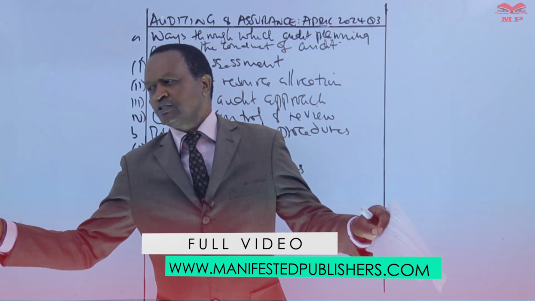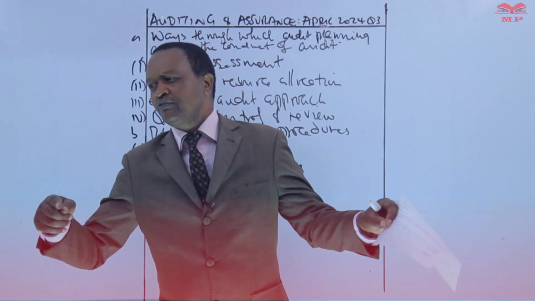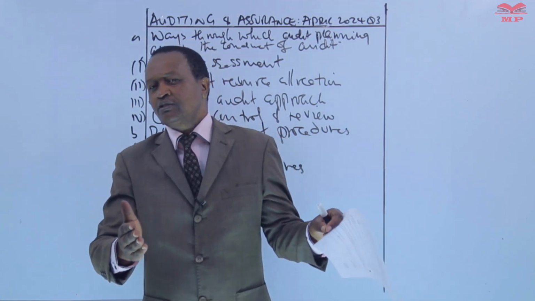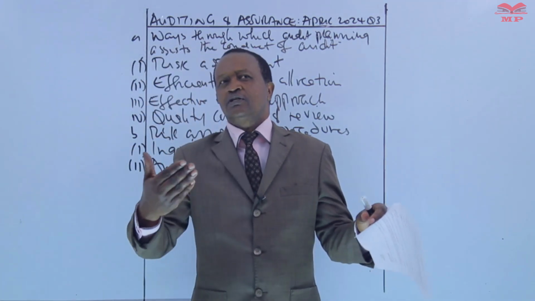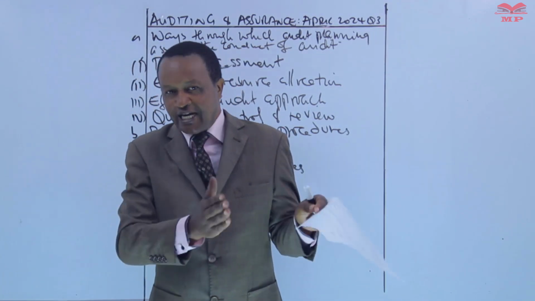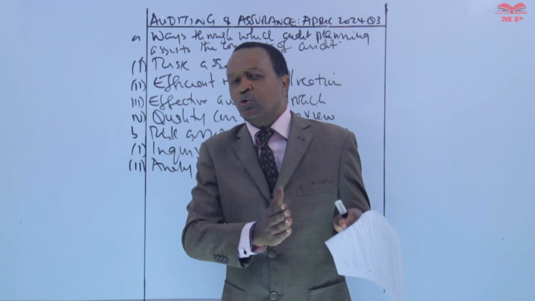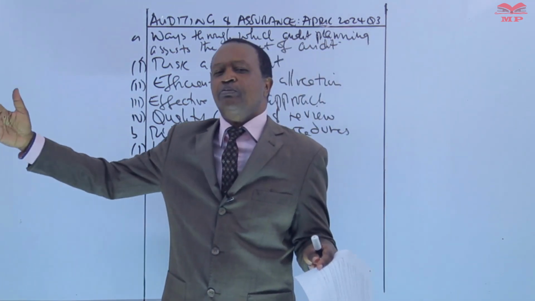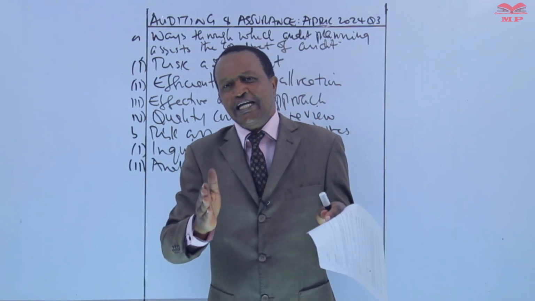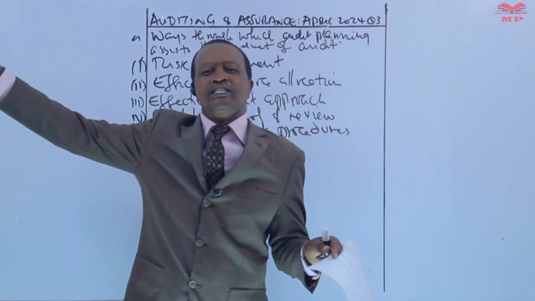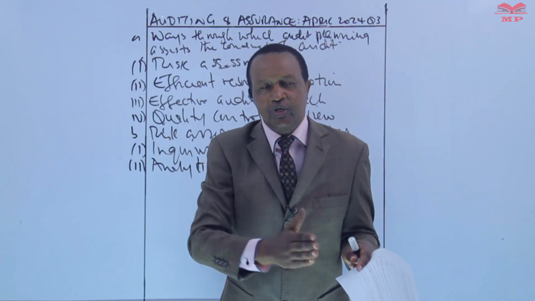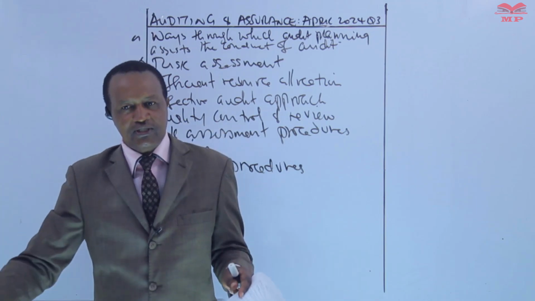And Joseph, it is not just prior financial statements, it could also be comparing budgeted amounts. All that is involved in analytical procedures: comparing current statements that the auditor is to audit with prior or previous data, or comparing current data with industry benchmarks, or comparing current data with budgeted amounts.